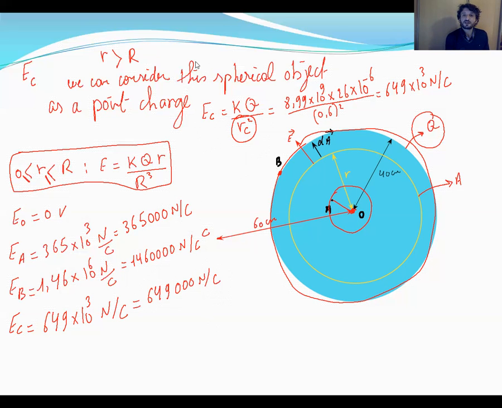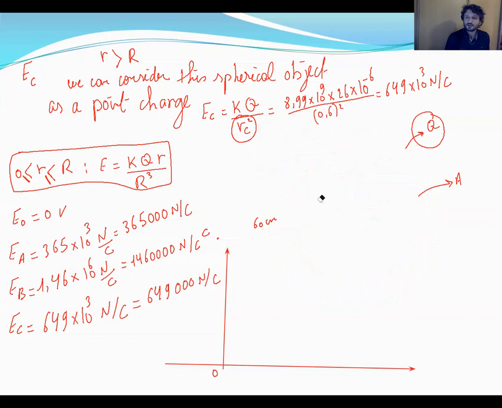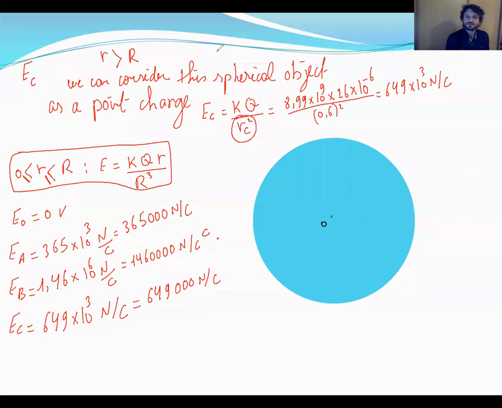If you draw the distance with respect to the field, here we have 0. If you want, we can compare here. Look, here we have the x-axis and y-axis.